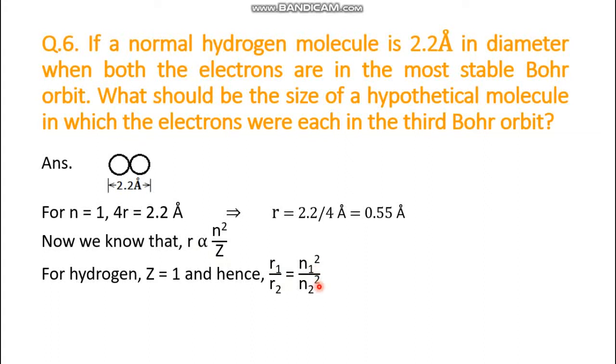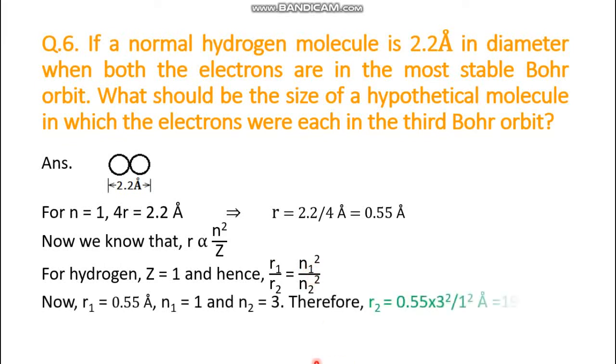Now we have the values of r1, n1 and n2, isn't it? r1 is 0.55 angstrom, n1 is 1 because this is the first Bohr orbit, and n2 should be 3 because this is the hypothetical third Bohr orbit. Just putting these 3 values, you can easily get the value of r2, and this is 19.8 angstrom.